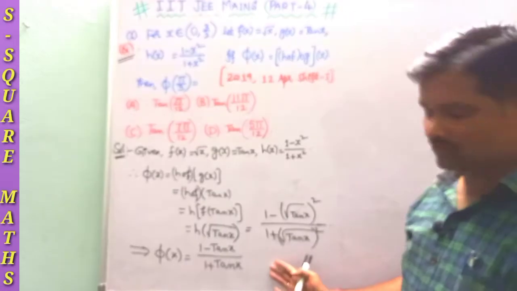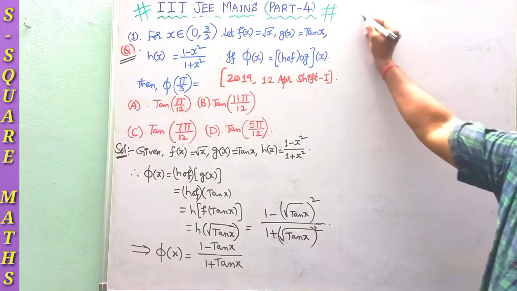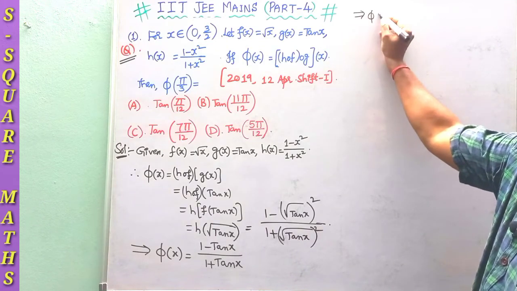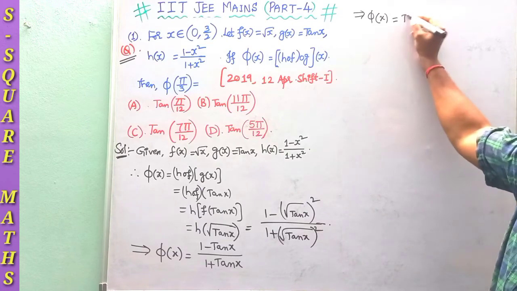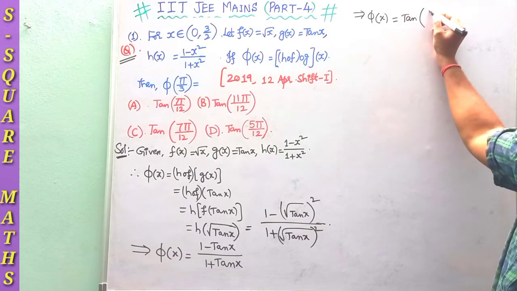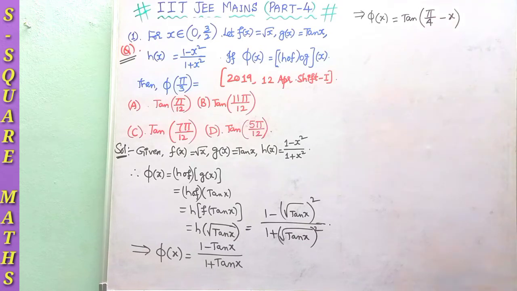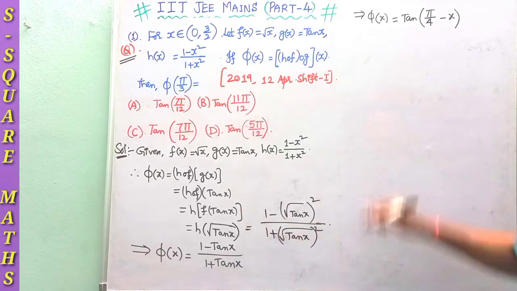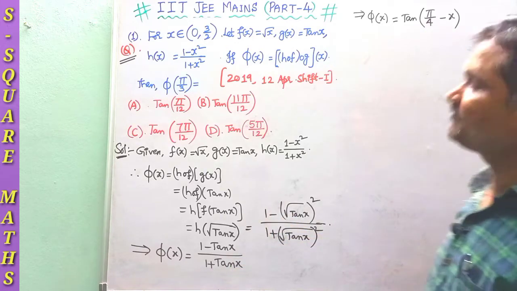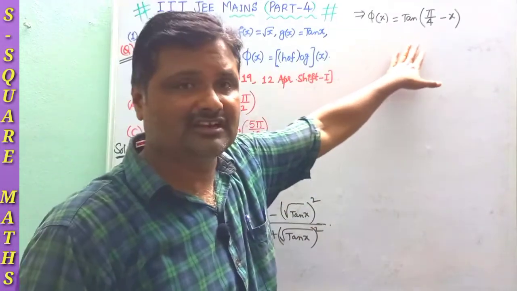According to the trigonometry formula, 1 minus tan x by 1 plus tan x is nothing but tan of pi by 4 minus x. This is a formula we have in our trigonometry.